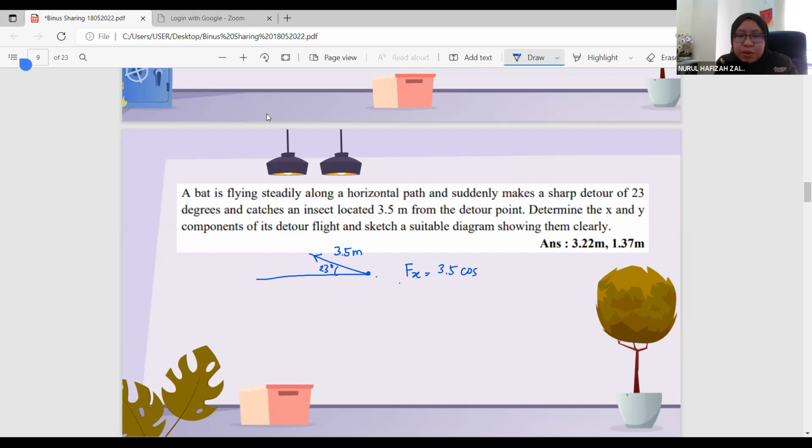So Fx is 3.5 cos 23, and then Fy is 3.5 sine 23. So you will get 3.22 and also 1.37.